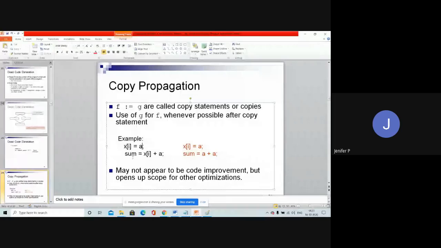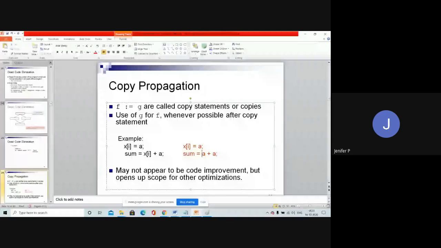What is the meaning of it? x of I is already actually a, so there is no point in referring again to the array variable. Instead, we can directly put sum is equal to a plus a. So this is a copy statement. From this copy statement, we can put a instead of x of I. So this is about copy propagation.